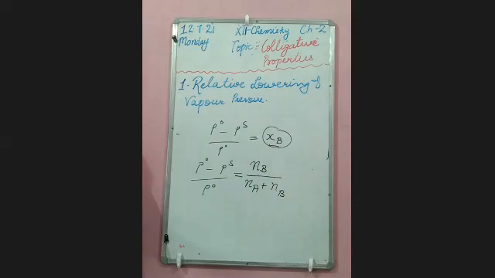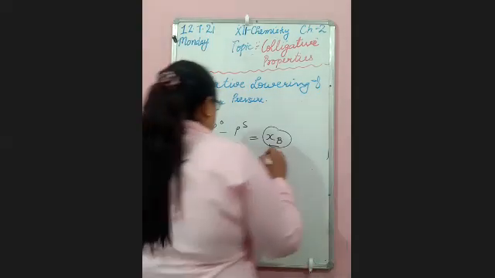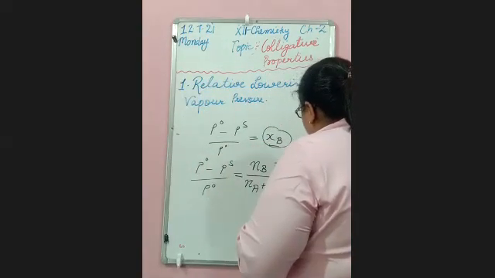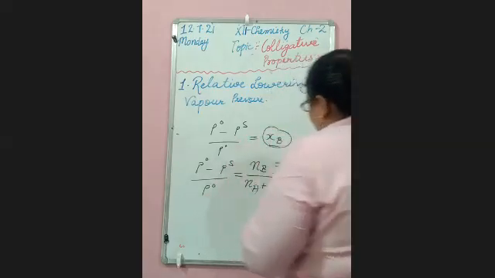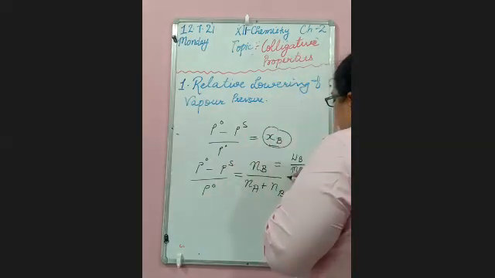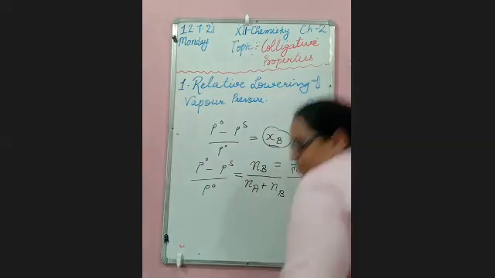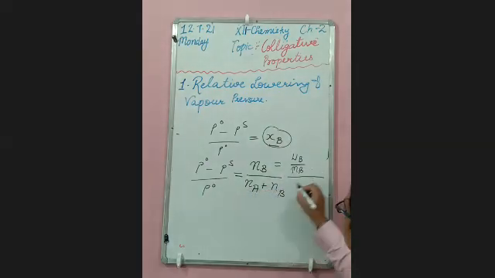One is solute and one is solvent. So we can also write the number of moles of solute, which is weight of solute over molar mass of solute, divided by weight of solvent over molar mass of solvent plus weight of solute over molar mass of solute.